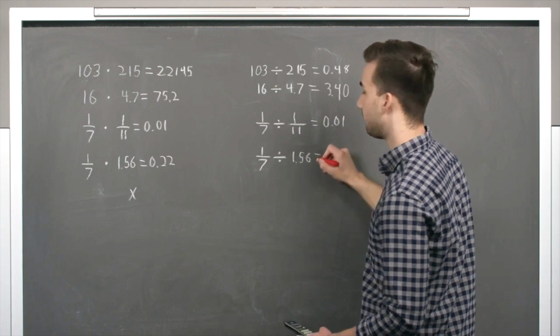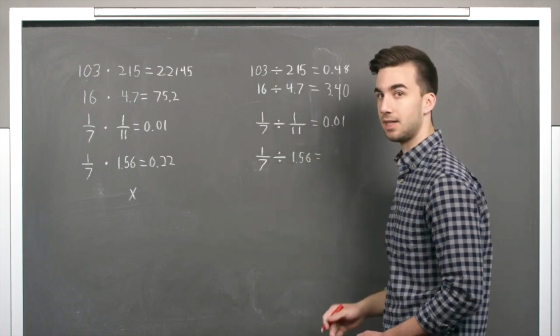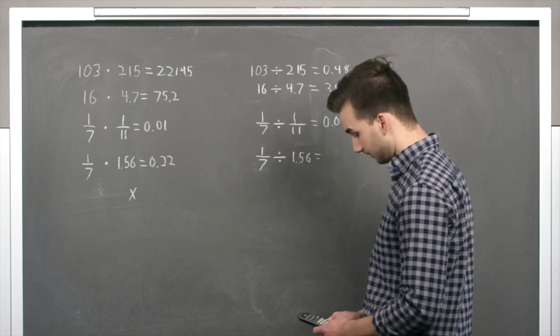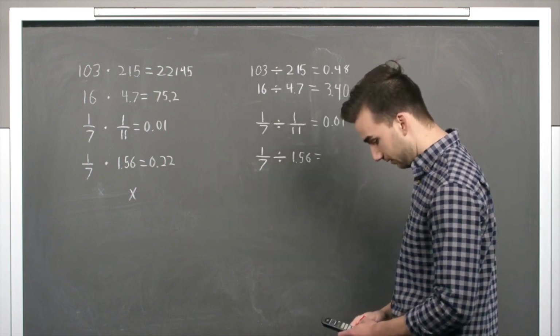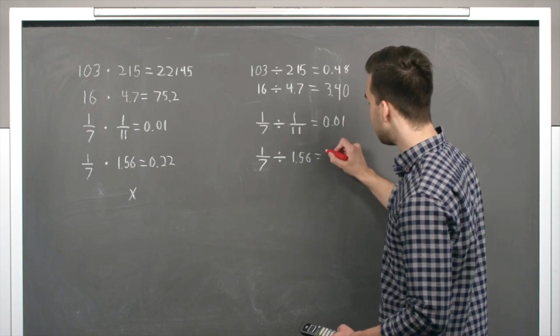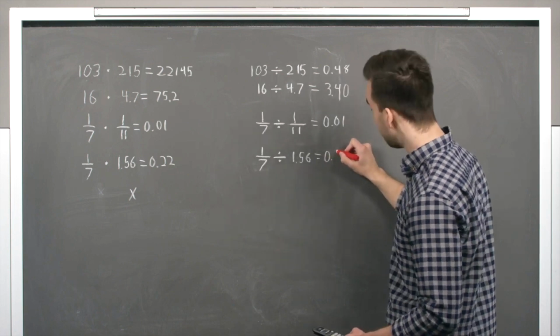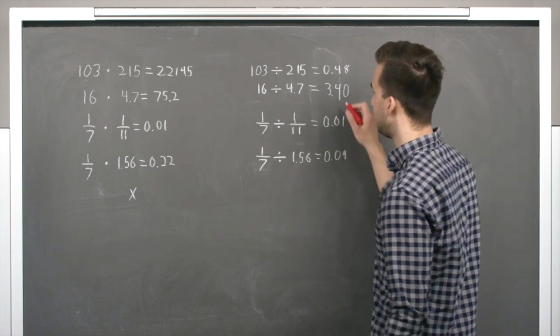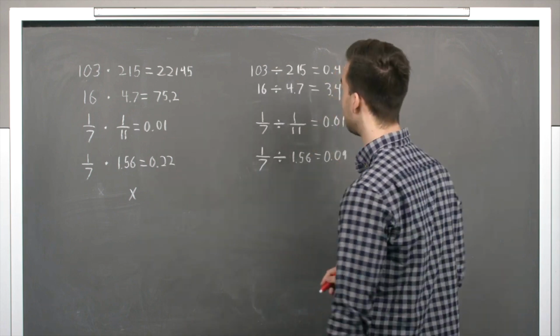And then we have 1 divided by 7 divided by 1.56 gives us 0.09. And so those are all the answers for these examples.